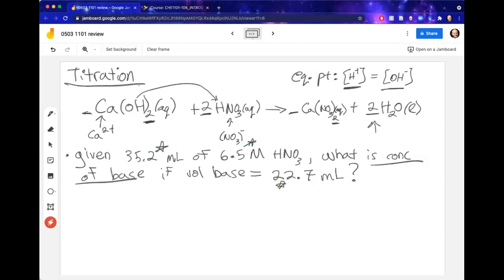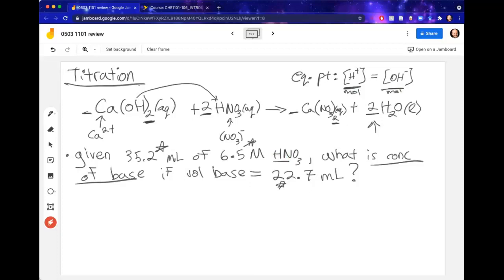And ultimately, we're going to be using equations like M times V, right? Concentration times volume in order to get moles. Because ultimately, again, this equation says moles equals moles. So let's start out with the acid by trying to find out how many moles of acid we've added.